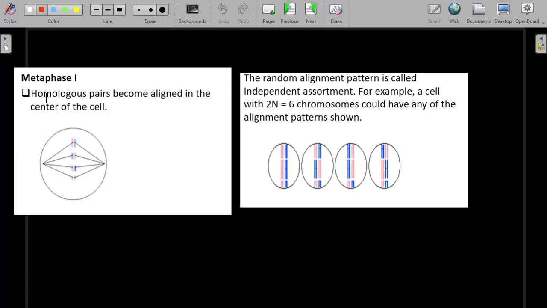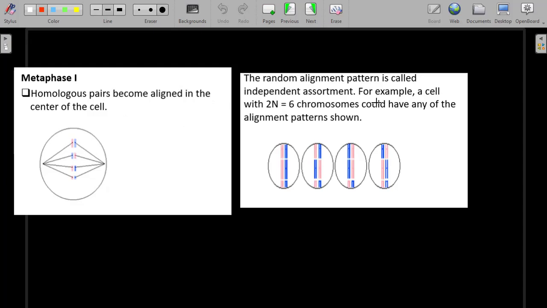Here your homologous pairs become aligned in the center of the cell. In metaphase, your homologous pairs will align at the center of the cell. You're also going to have a random alignment pattern, which is called independent assortment.